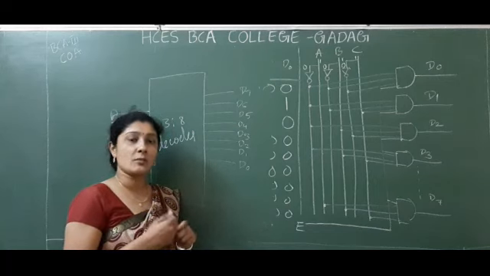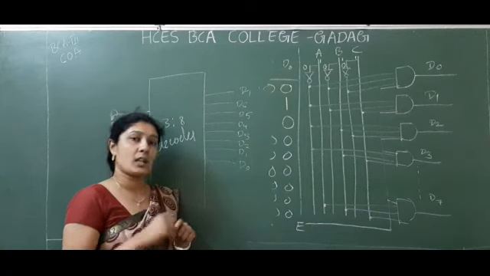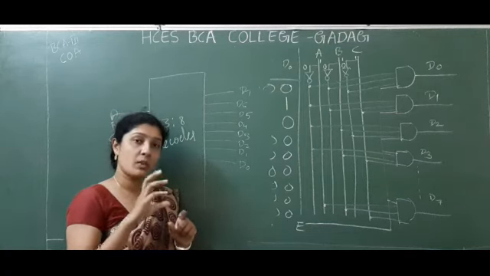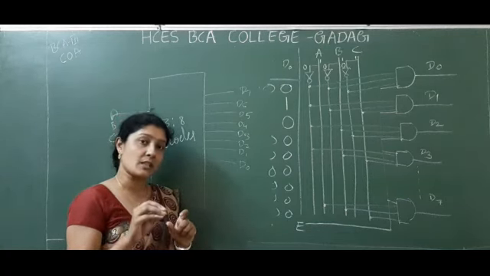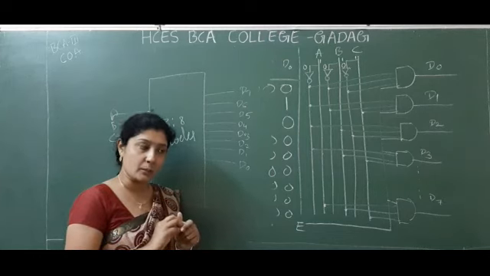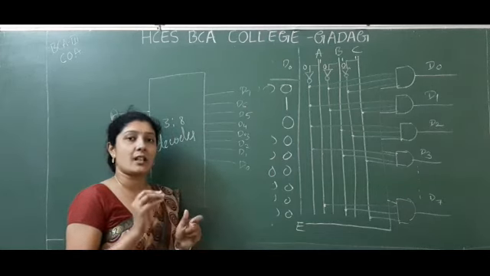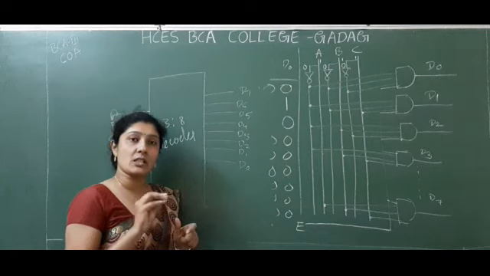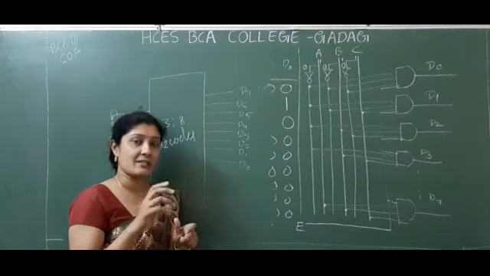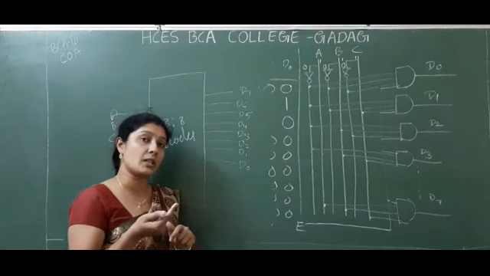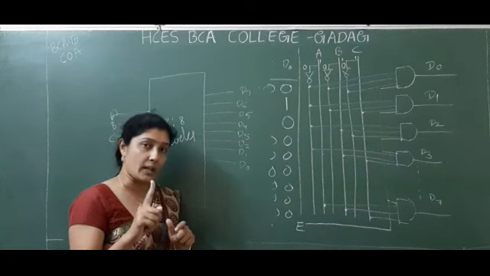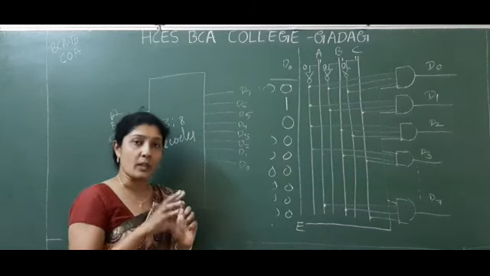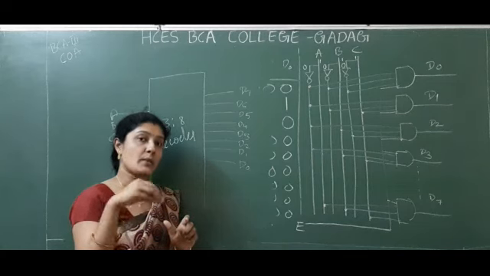So how it works is nothing but, decoder definition, then enable will be there. Enable is also considered as one of the inputs. So enable acts like a switch. When enable is enabled, as the name indicates, that is when enable is 1, then only the device works, or the device is switched on.